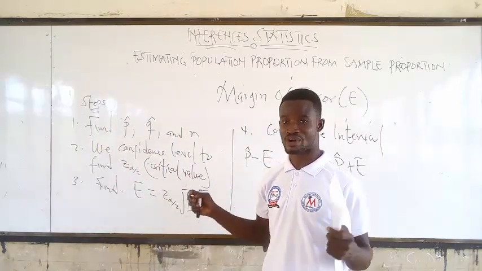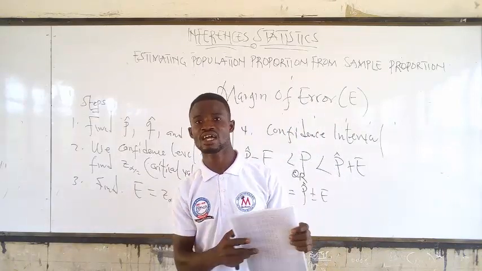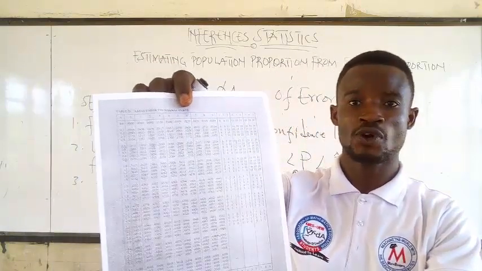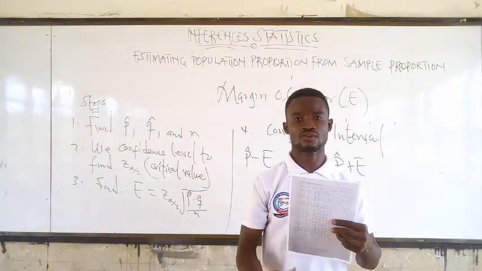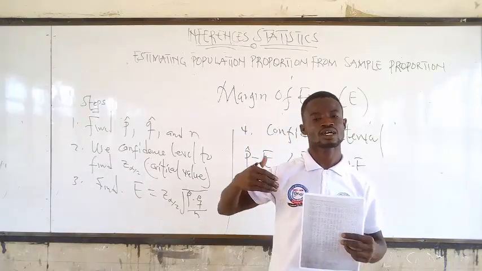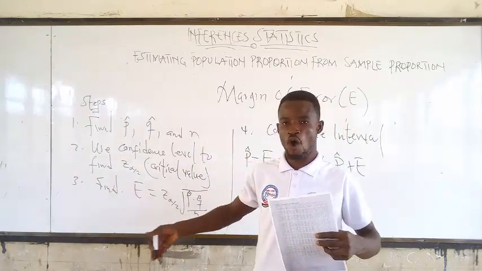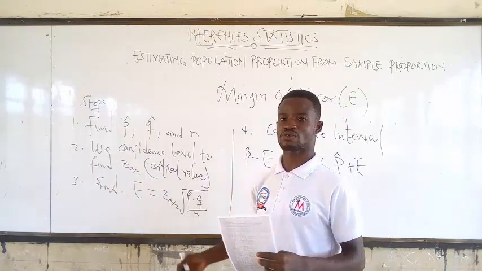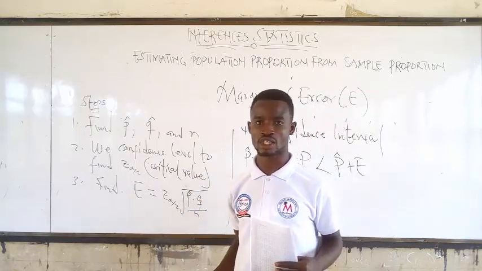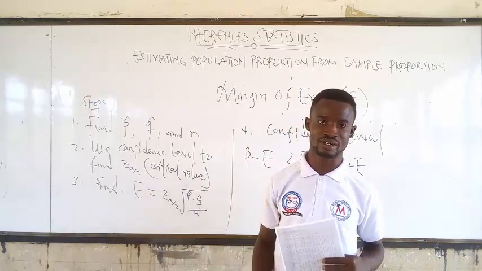When we are solving a question like this, I will take my time and bring the sheets closer and closer for you to see what is going on in getting it, so that in case you are not given an alpha level of these common ones that we have identified here, and let's say you are doing something like 85% and others, you should be able to do it. Thank you.